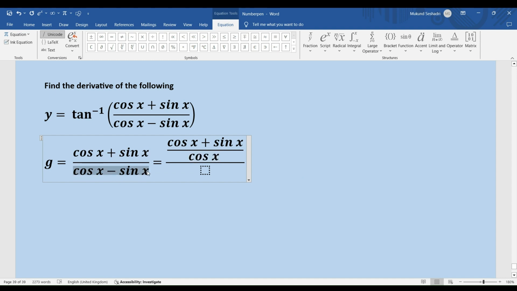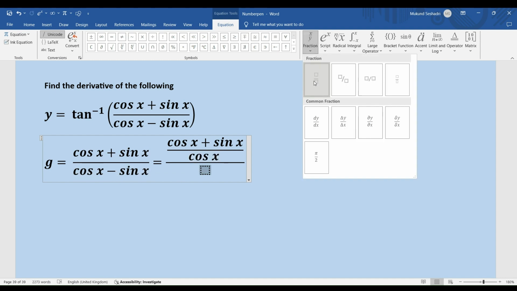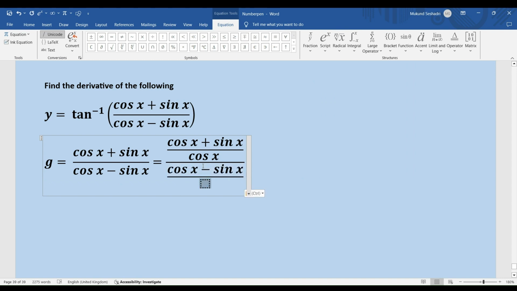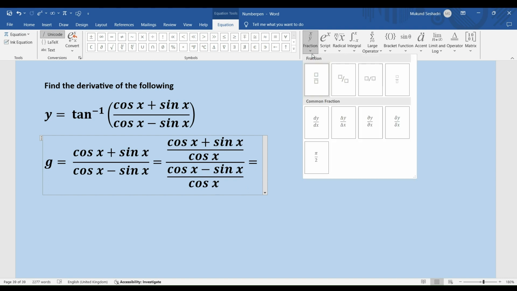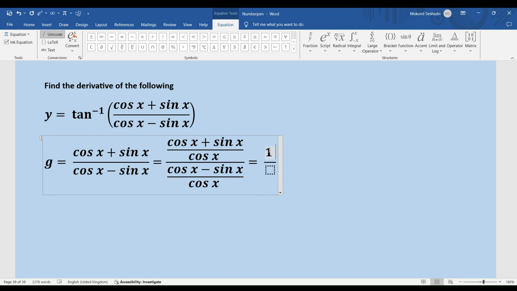This way, I will be able to introduce tan into this expression. Focusing on the numerator, cos x plus sin x, the whole divided by cos x, is nothing but 1 plus tan x. And the denominator, cos x minus sin x, the whole divided by cos x, is nothing but 1 minus tan x. So I'm left with 1 plus tan x, the whole divided by 1 minus tan x, right?